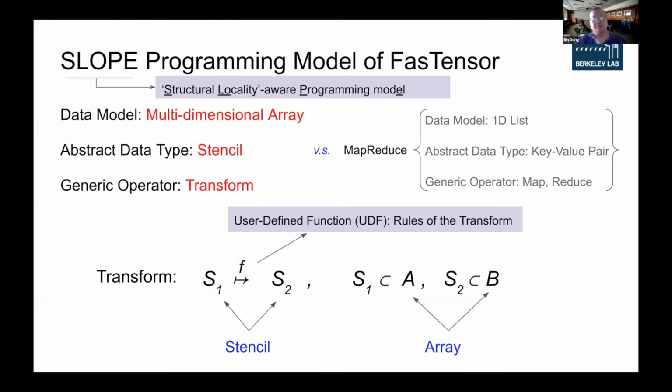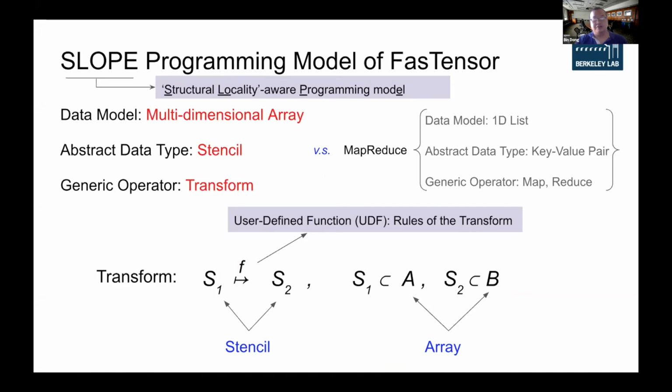Let's touch a little bit on the SNOPE programming model. SNOPE is short for structured locality-aware programming model. Since we are based on the array data model, we try to capture all the locality operations on the array. Here I put MapReduce as a comparison with the SNOPE programming model.